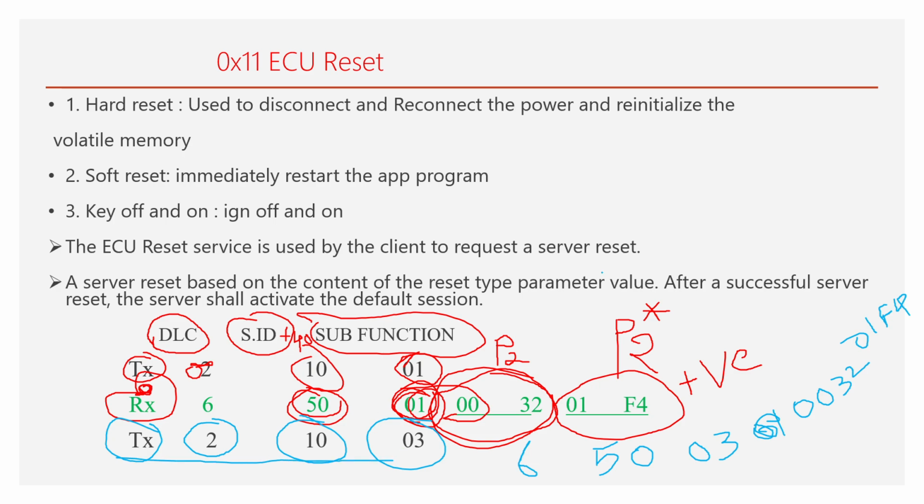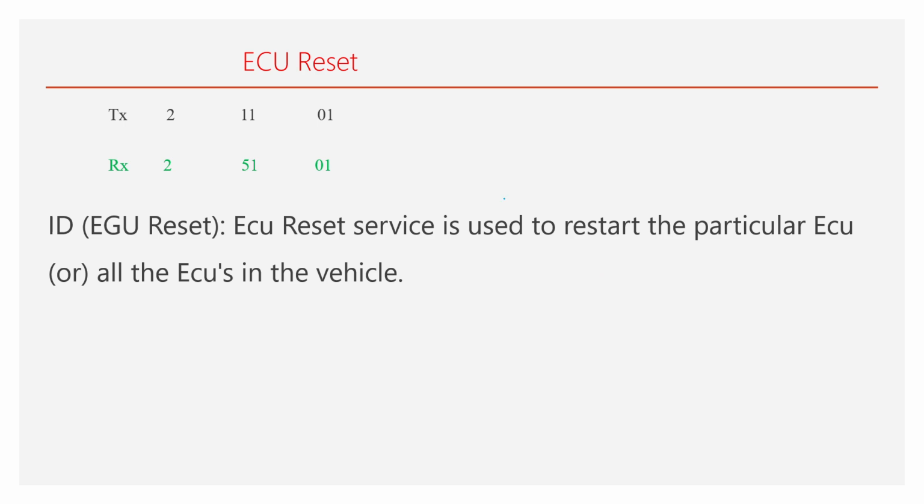Okay, next, after the request we give another request, a TX message. You are transmitting the message 02, then the next service ID. What is the service ID? 11. We give 11 and the subfunction 1.